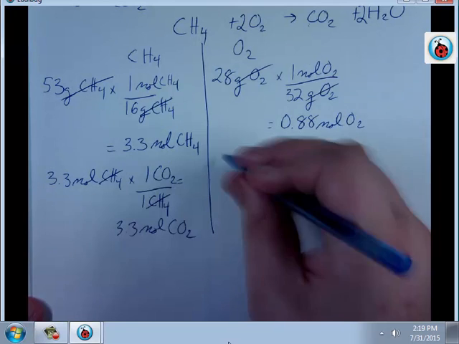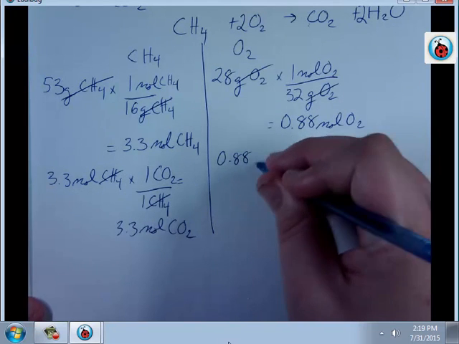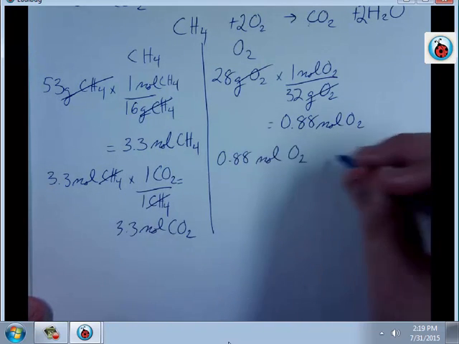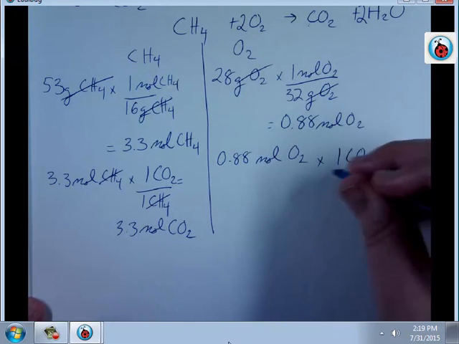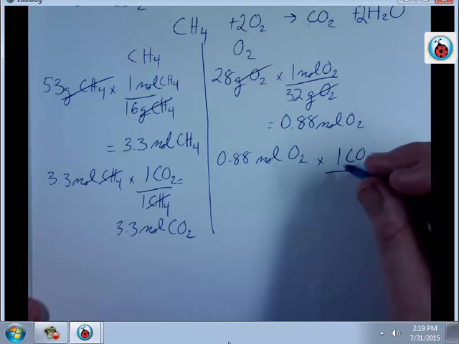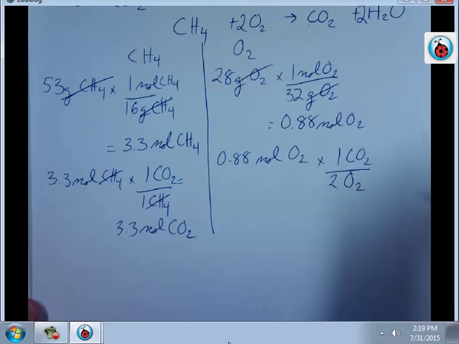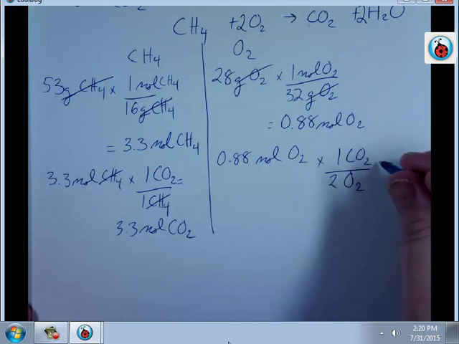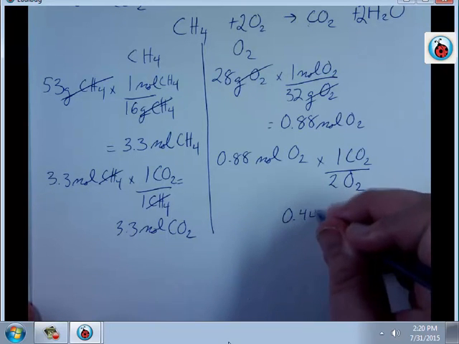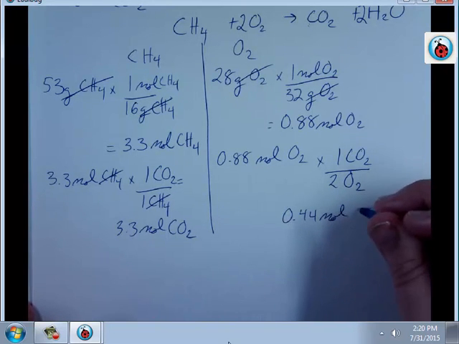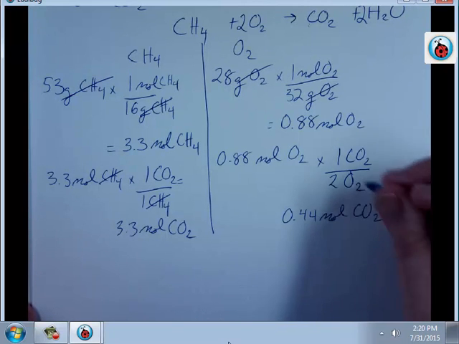It's 0.88 moles of O2 times, and I get 1 CO2 for every 2 O2. And that gives me 0.44 moles CO2. So those cancel.